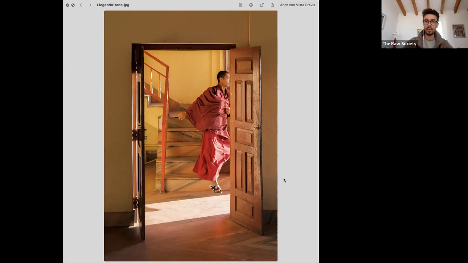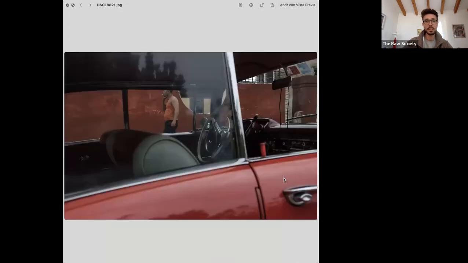Because subframing is something that you can find pretty much everywhere, which is pretty cool. This one is in a monastery, but you can also look for this kind of stuff through a car window, right? And again, it's not only adding a little bit more depth and dynamics to the composition. The main guy, this guy smoking a cigarette, is in thirds as well.